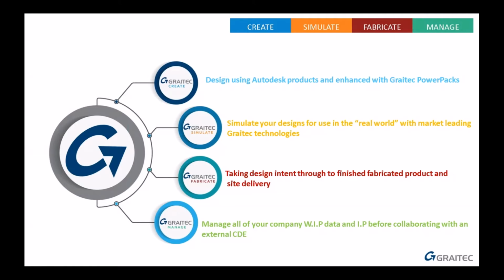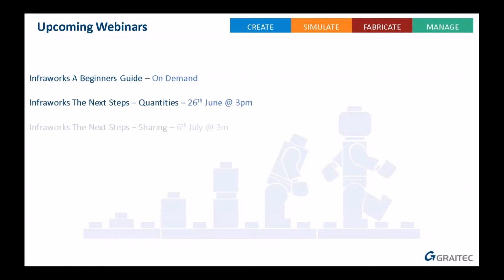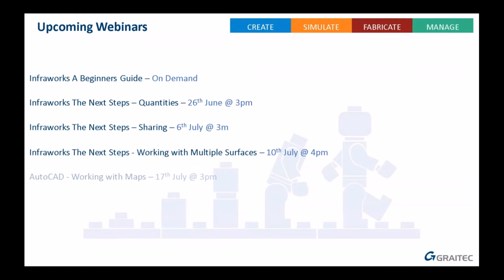Now, this class is very much in the create phase, this webinar, should I say, using Infraworks. And the project I started last week was a preliminary design with a Revit model. It was a building, basically. And we're going to continue with that one and add some more detail today. This is the second in a series of webinars covering Infraworks.